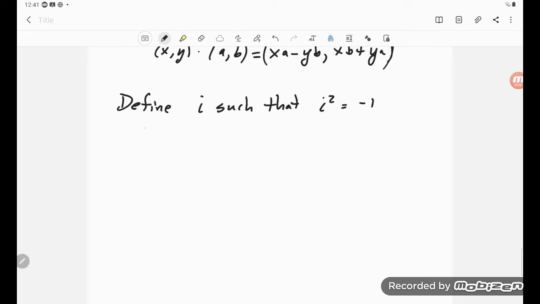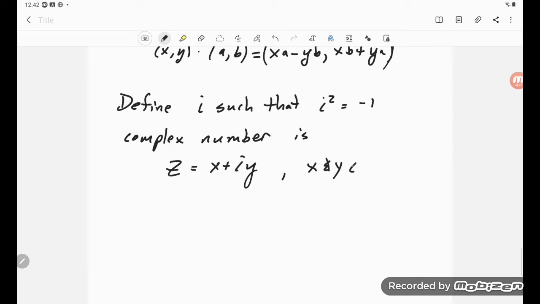But now our complex number is, we often use a z, x plus iy, where x and y are elements of the real numbers.